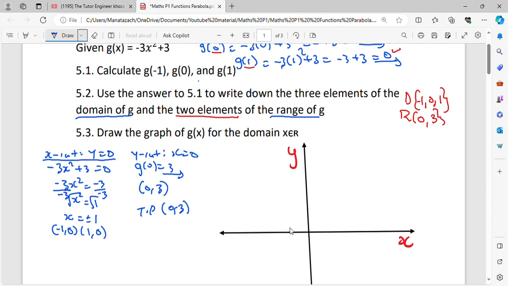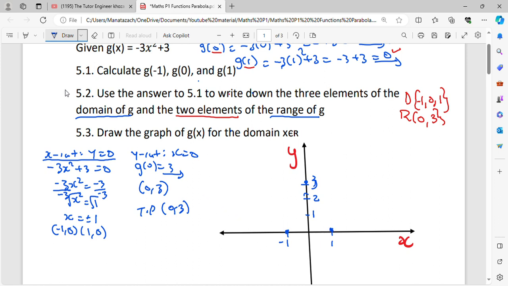So here on the x-axis, we'll have minus 1, 1. And then on the y-axis, you can just say 1, 2, 3. And then there's the y-intercept, it's 3. X-intercept minus 1, x-intercept positive 1.